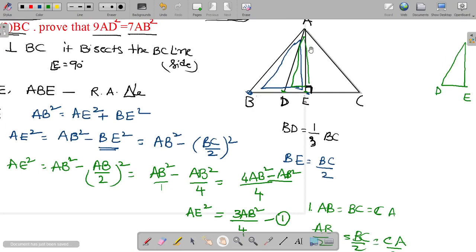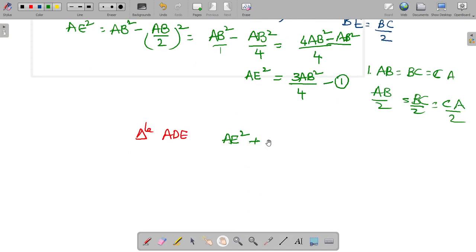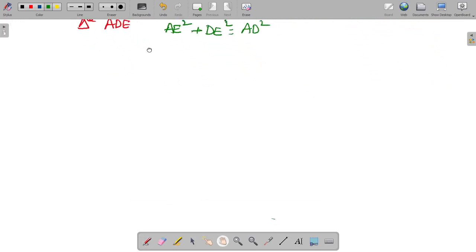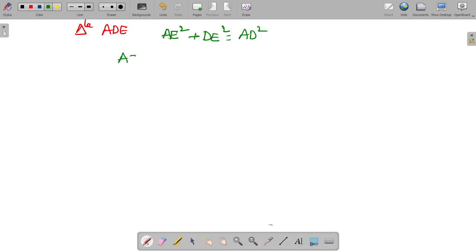So AE square is equal to AD square minus DE square. AD square minus what is DE?